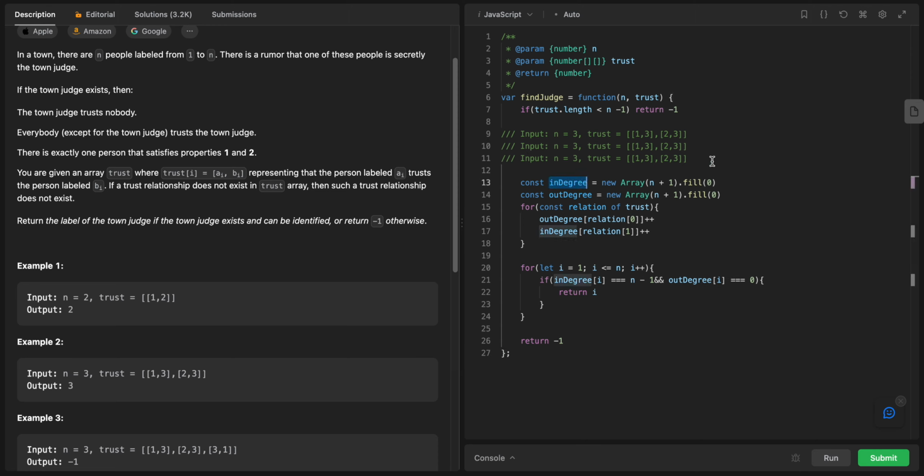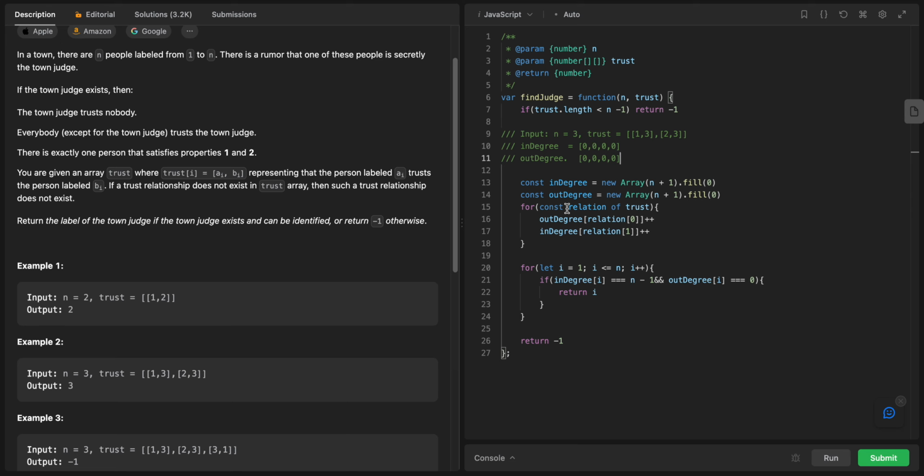So let's just put in degree and out degree. So equals empty array, it will be 0 0 0 and 0, 4 zeros, okay. This one's also 4 zeros.